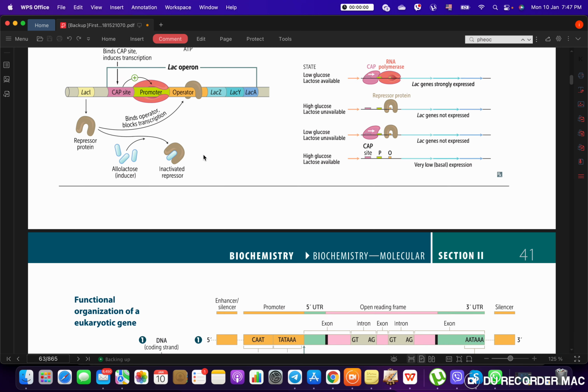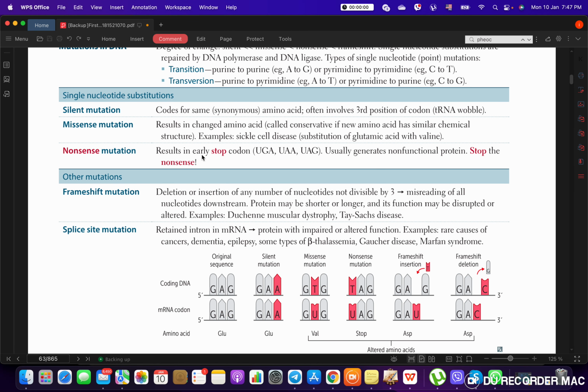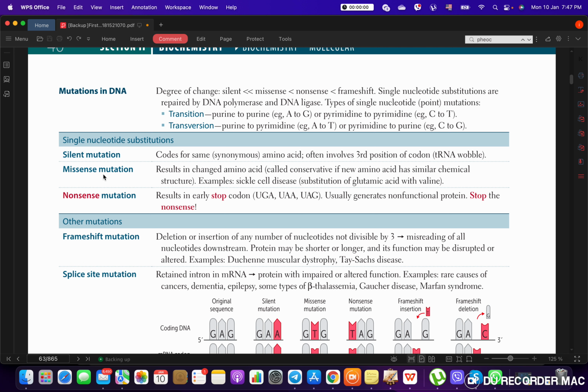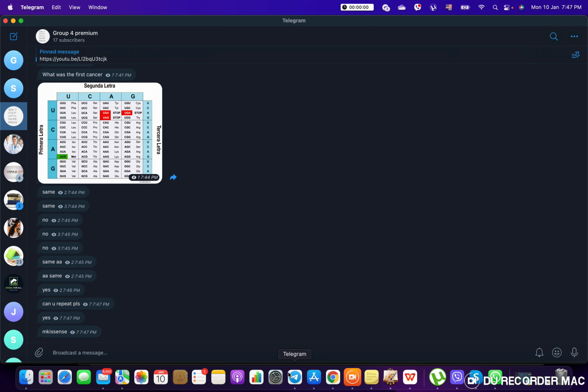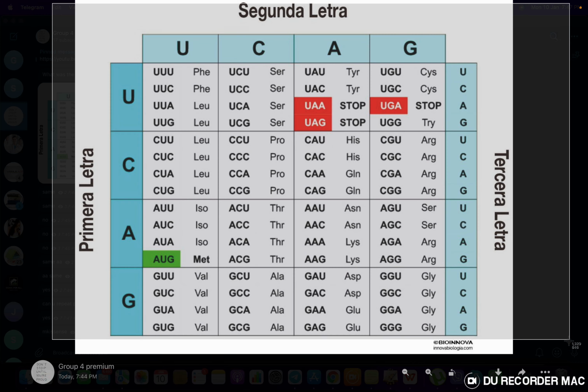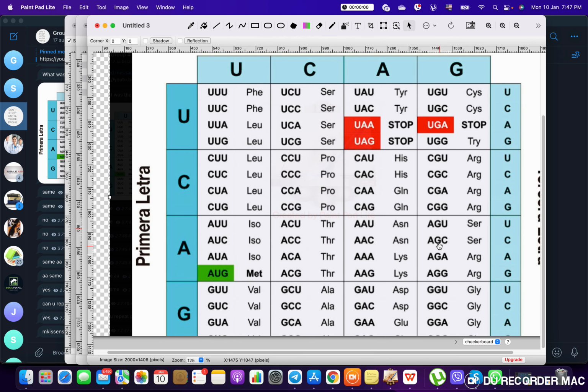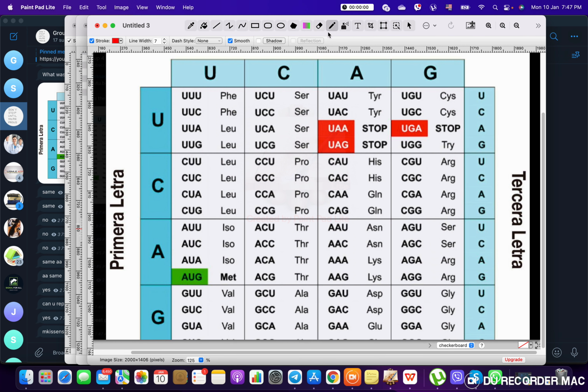I don't know if this still exists in First Aid, but back in my time we used to say, absolutely. The missense mutation you mean, or the silent mutation, or from the beginning? Missense, okay. If we speak about the missense mutation, let's say we have a patient that originally had this sequence.